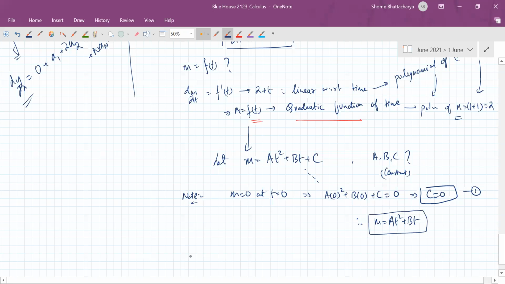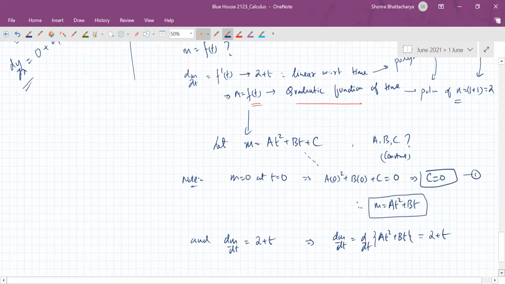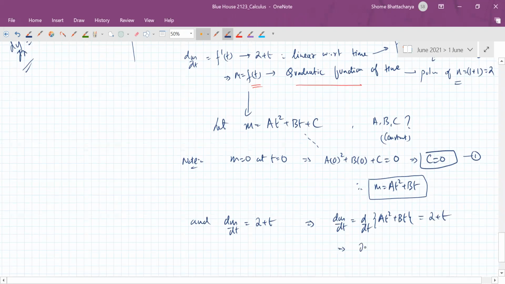We also know that dm by dt we had seen earlier was 2 plus t. So now differentiate this. 2at plus b should be equal to, I'll just reverse this and write it as t plus 2.